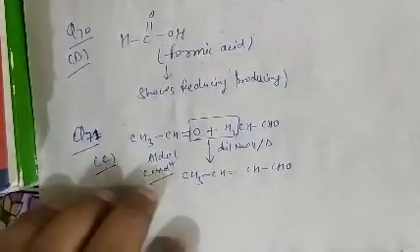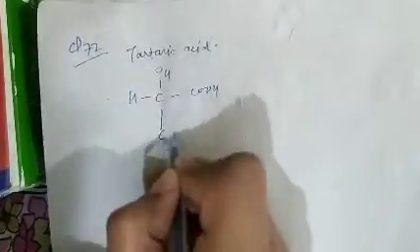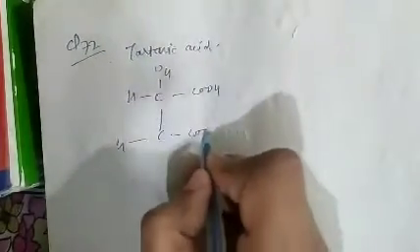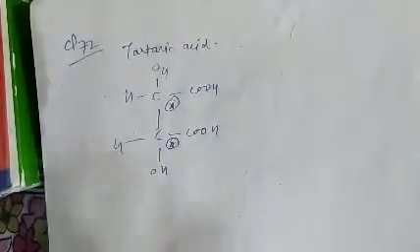See question number 72. Which of the following is optically active? As we know, tartaric acid has a structure with HCOH groups, and this is a chiral carbon and this is also a chiral carbon.